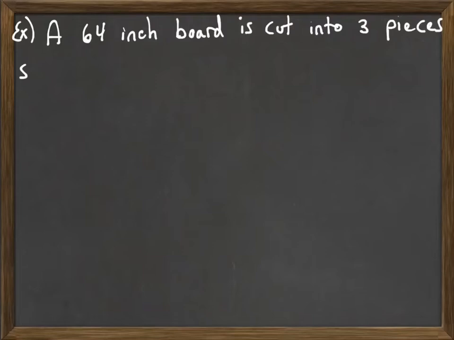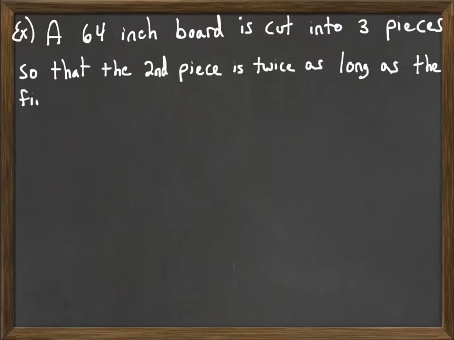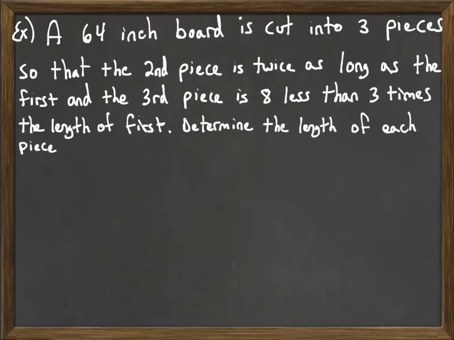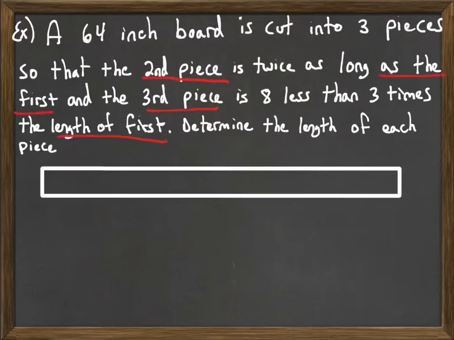It's cut in such a way that the second piece is twice as long as the first, and the third piece is 8 less than 3 times the length of the first piece. Determine the length of each piece.